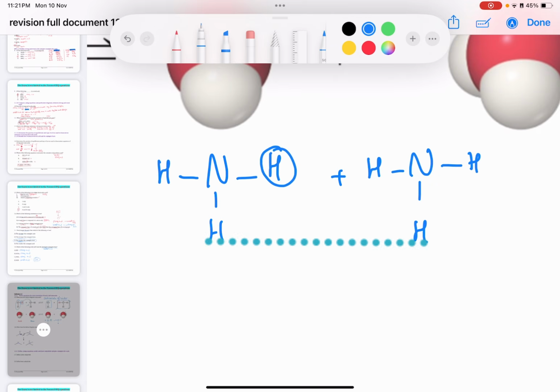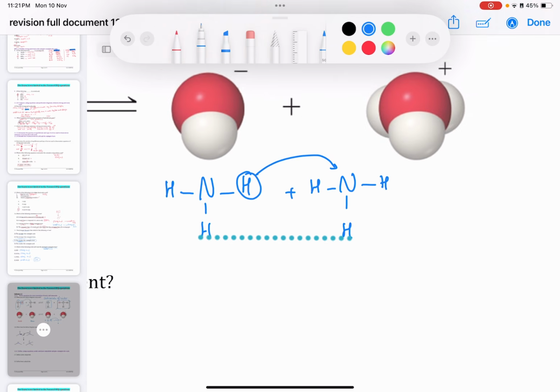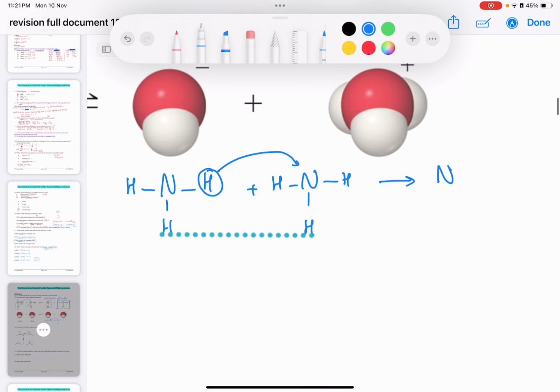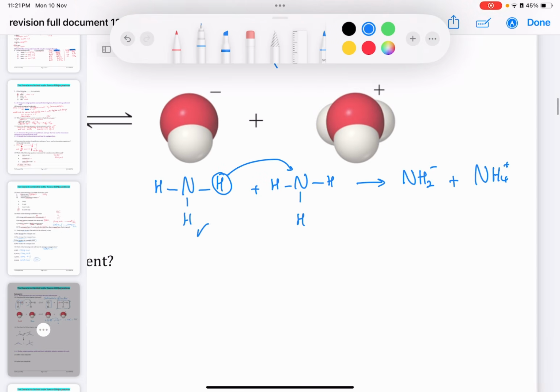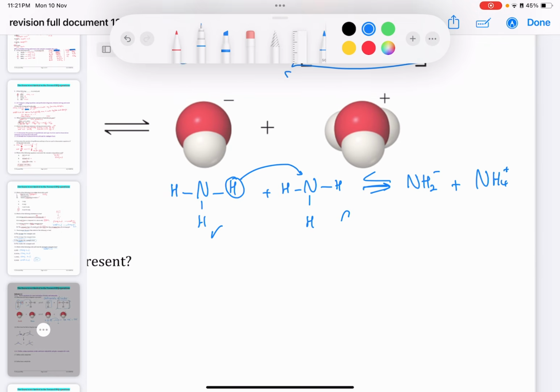So let's say that this is the donor. I'm going to get NH2 negative. This one became NH2 negative, and the other one became NH4 plus. So whenever this equation is given to you, this is called the auto-ionization of ammonia.